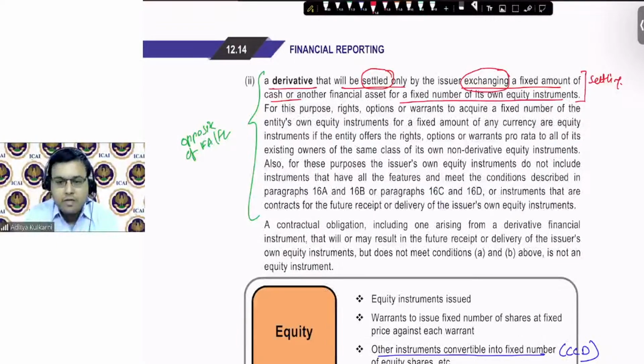The beauty of these three definitions, I again repeat, is that nowhere have they mentioned a bond is a financial liability. Nowhere have they mentioned equity shares are covered under a specific category. Nowhere have they mentioned an option could be this. Nowhere have they mentioned debtors, trade receivables, loans, advances are financial assets or liabilities. Nowhere is any instrument name used.